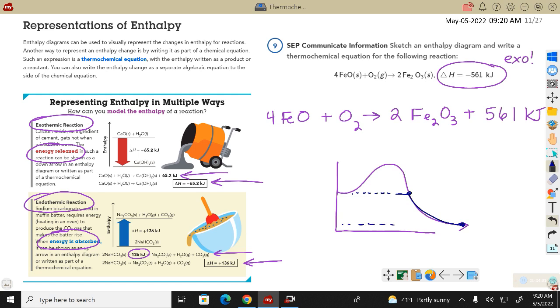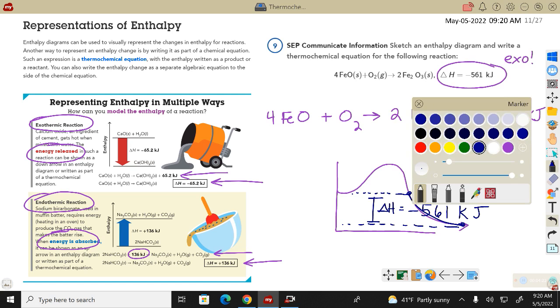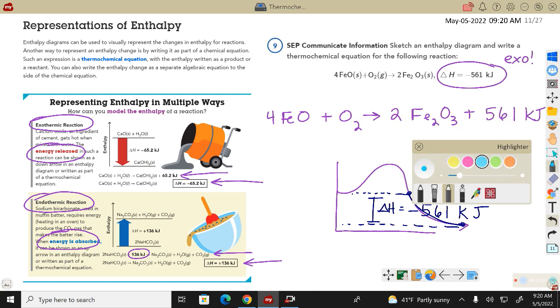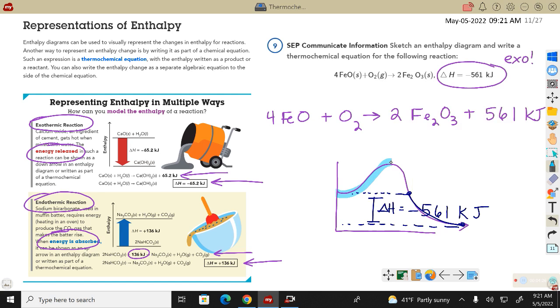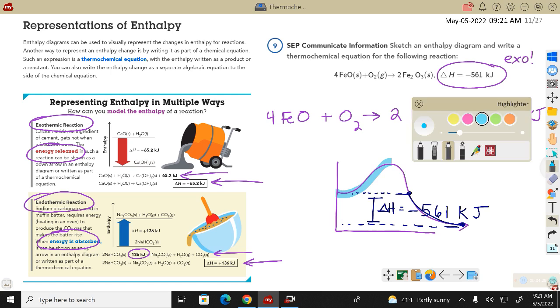So this quantity of heat would be my delta H, equaling negative 561 kilojoules. That's the net energy change. Now I probably get more than that produced when the new bonds form on the product side, but I have to add a little bit of that to break the bonds on the reactant side. I have to add energy to break apart the reactants.